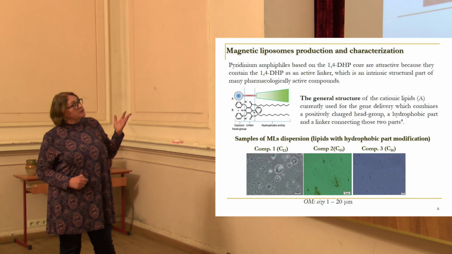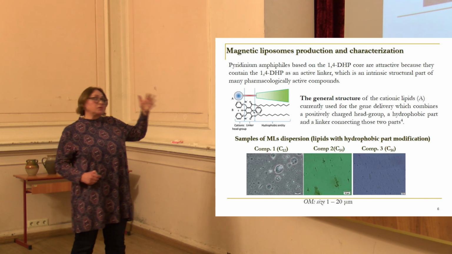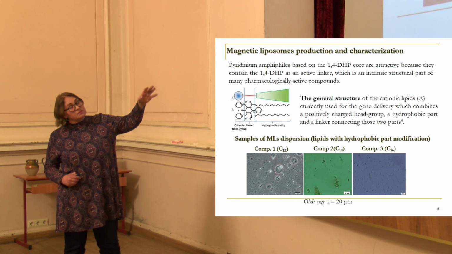And you see that with elongation of these chains, the formation of liposomes changes from big sizes to small sizes.